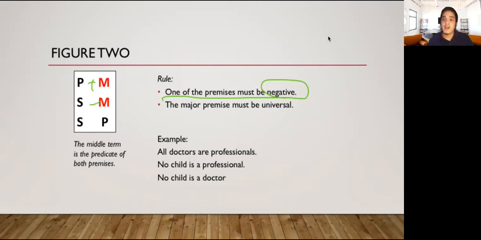And if one of the premises is negative, then our conclusion is automatically negative because the conclusion always follows the weaker side.